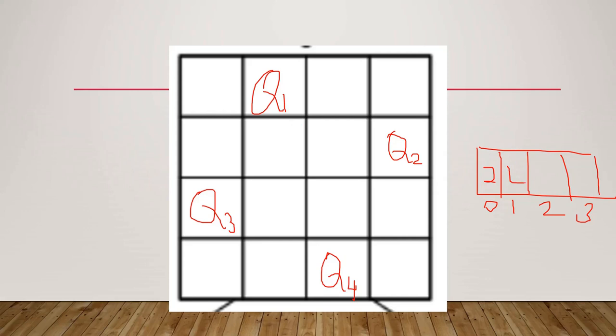Q1 is placed in the first row, second column. Q2 is placed in the fourth column of the second row, Q3 is placed in the first column of the third row, and Q4 is placed in the third column of the fourth row. To avoid confusion, let's name them 1, 2, 3, and 4 itself.